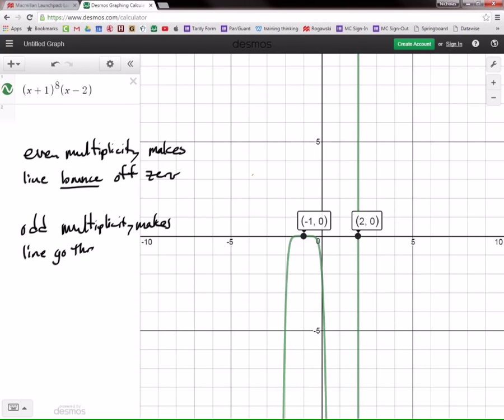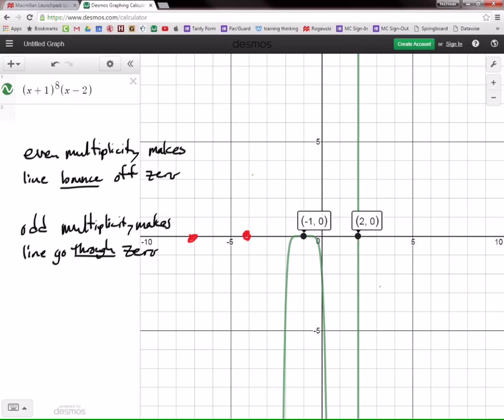Now, there's different ways that a function can go through a 0. The first way is, if I had a 0 right there and a 0 right there, it'll go right through just like that. These are multiplicities of 1.